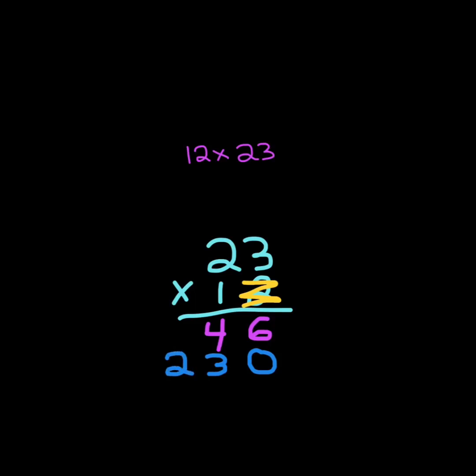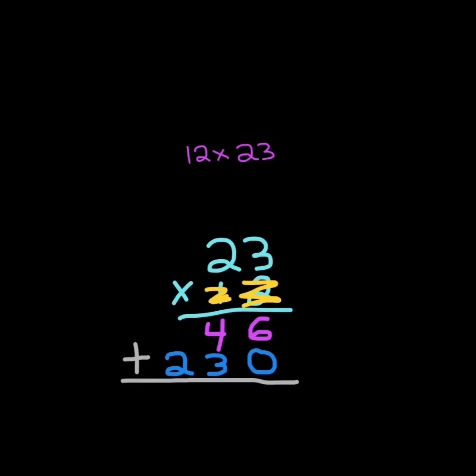Once I have run out of numbers, because I'm all done with this one now as well, I have to add these numbers together. So I have 46 plus 230.